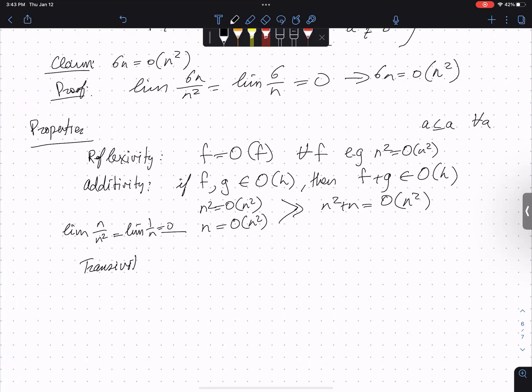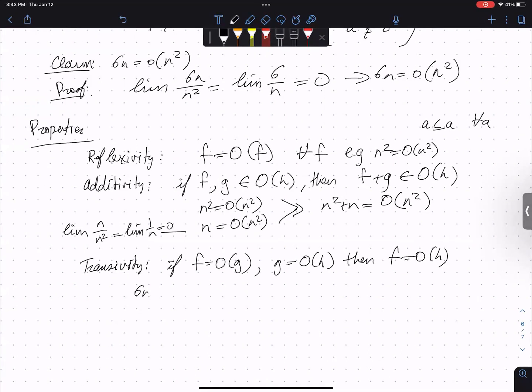Then we have transitivity. So if f is big O of g, g is big O of h, then f is big O of h. For example, 6n is big O of n. We showed that n is big O of n squared.